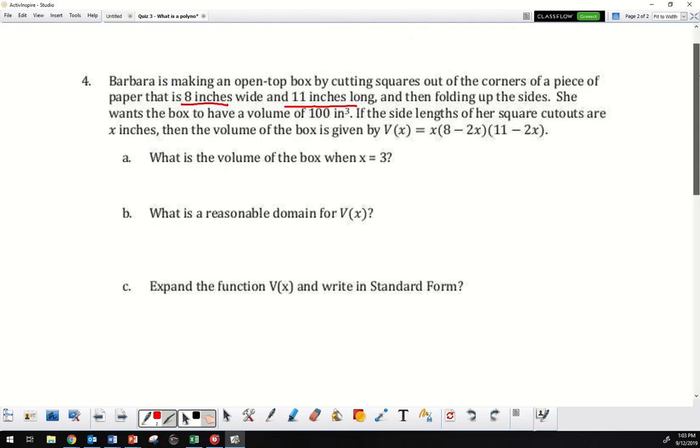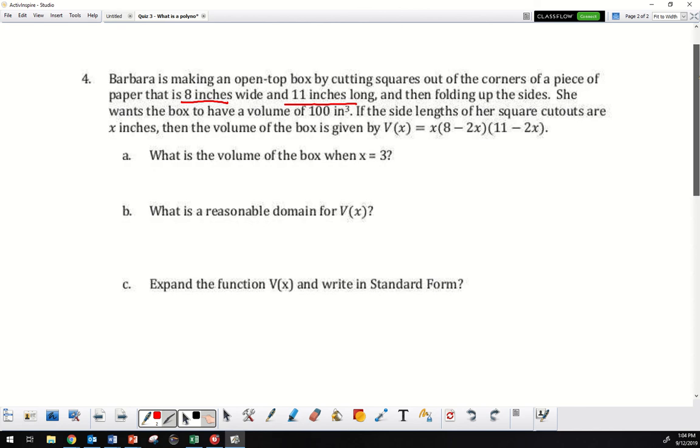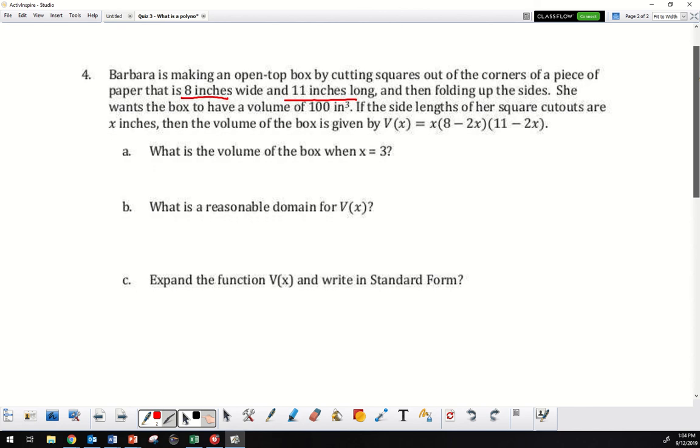Folding up the sides, she wants to have a volume of 100 inches cubed. The side lengths of the square cutouts are x inches. Then the volume of the box is given by that equation. What is the volume when x is 3?